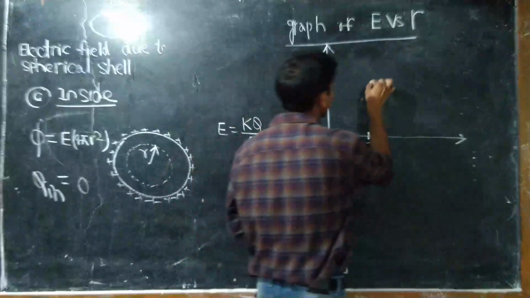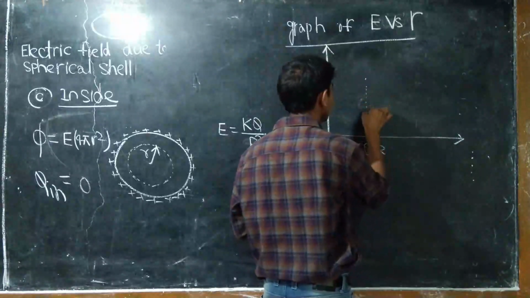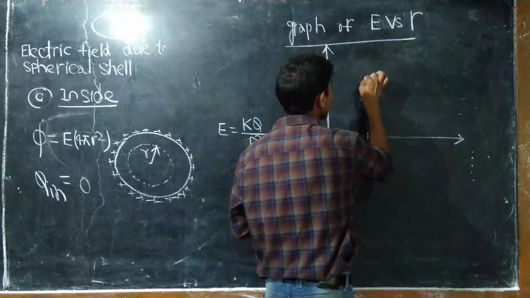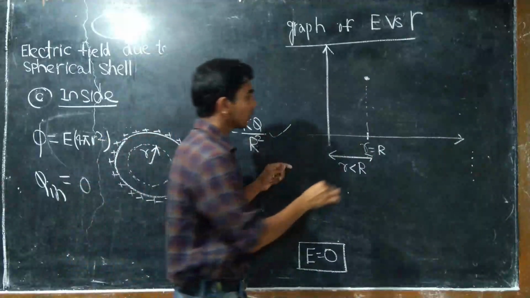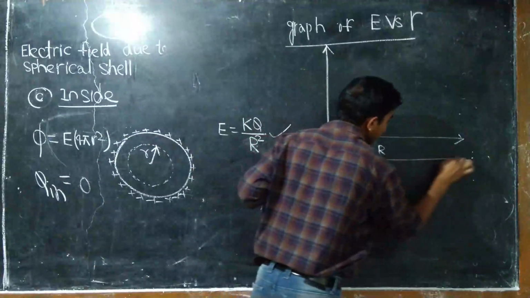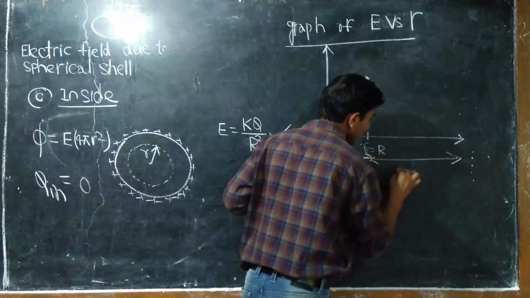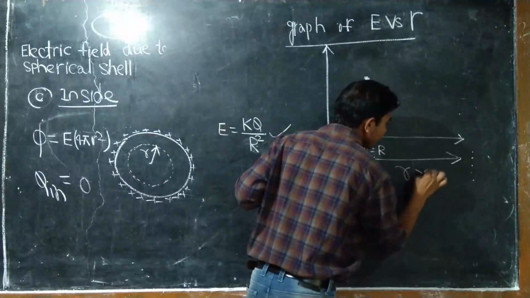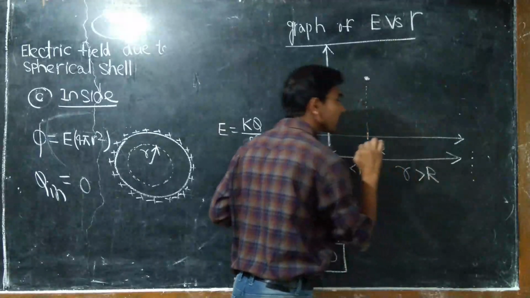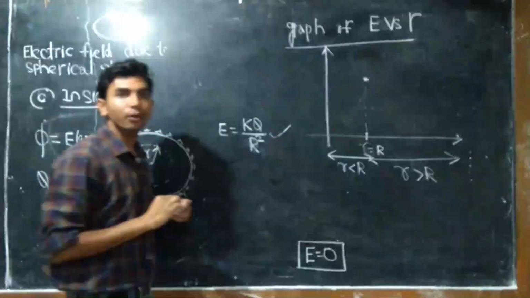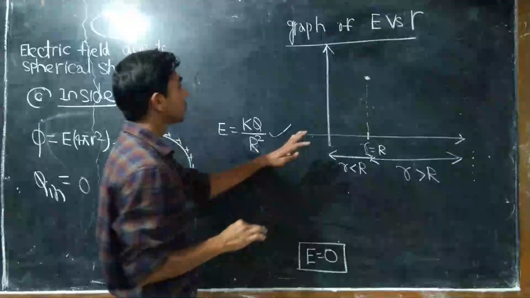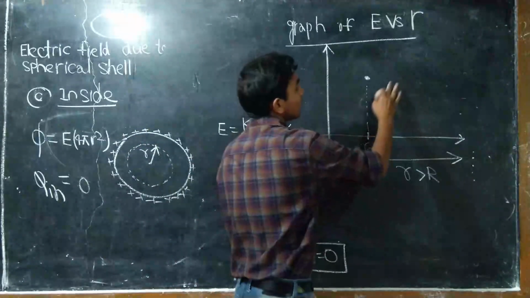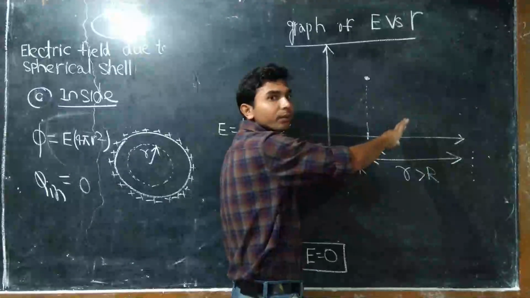In this other region, small r is greater than capital R, so the point is outside the surface.